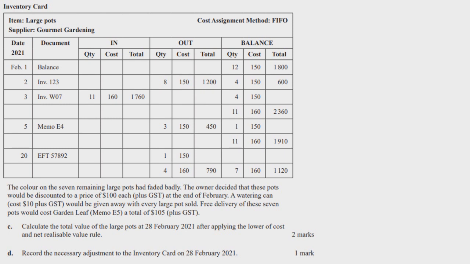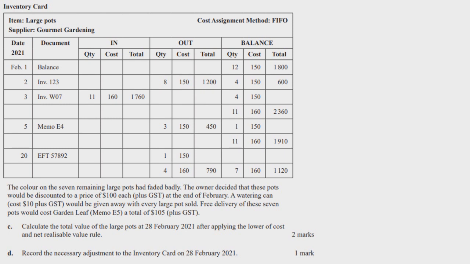Free delivery of these 7 pots would cost Garden Leaf a total of $105. So calculate the total value of large pots at 28th of February after applying the lower of cost and net realizable value rule. Alright, so how much do we have left?